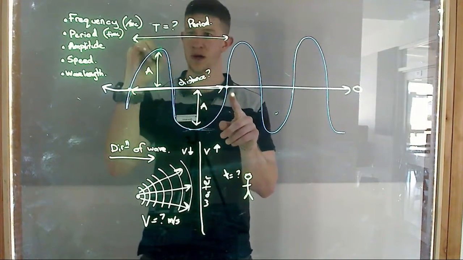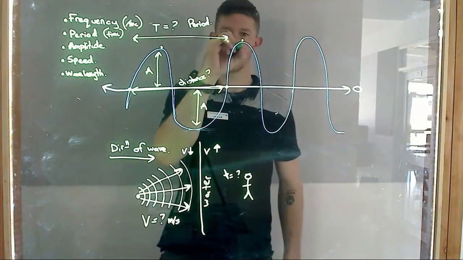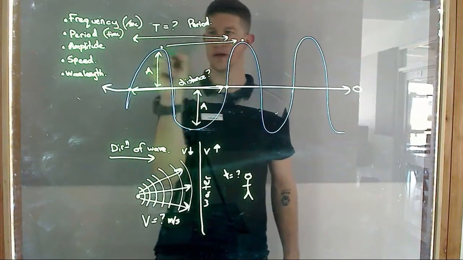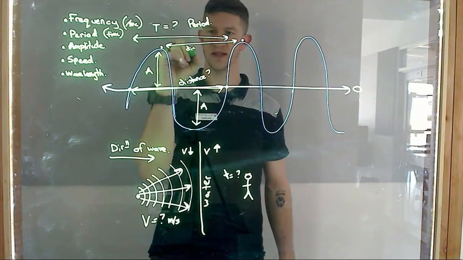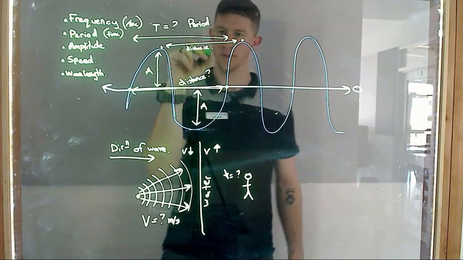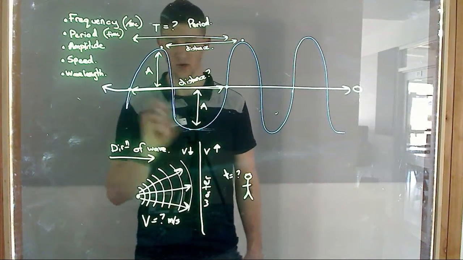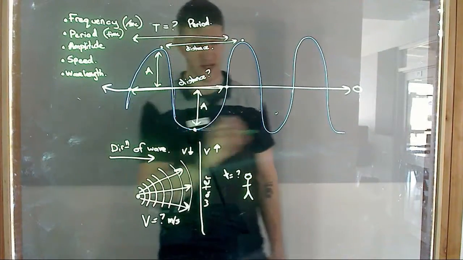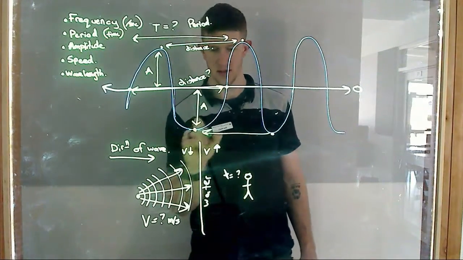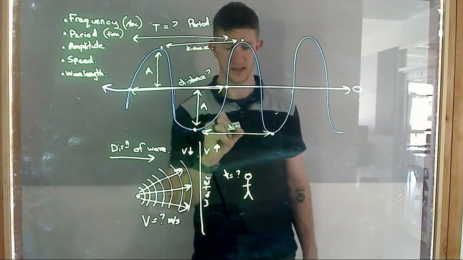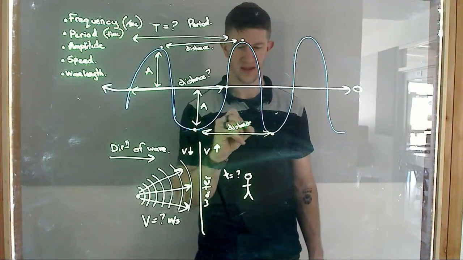But I could equally go from here to here. This would also be the distance. I could also go from the trough here to the trough here, and this would be the distance, or wavelength.